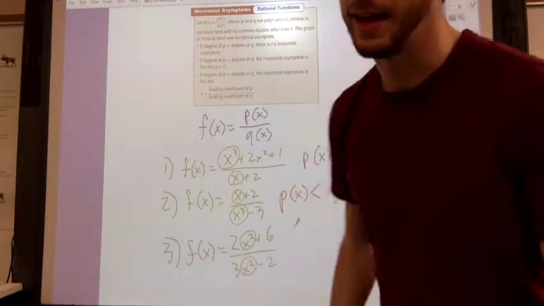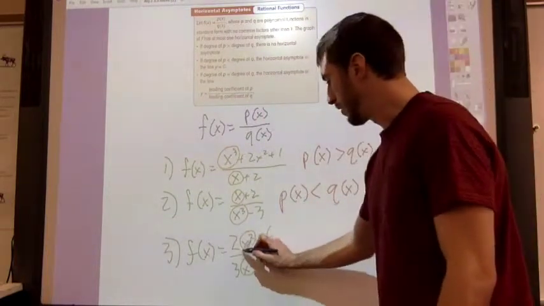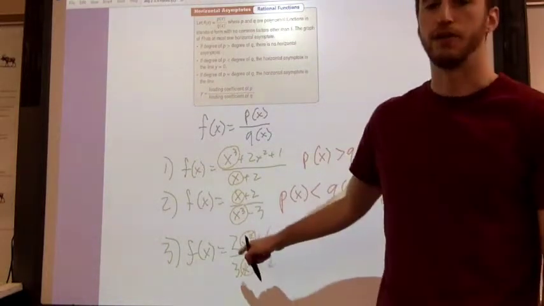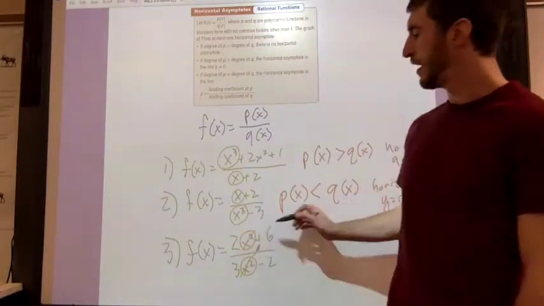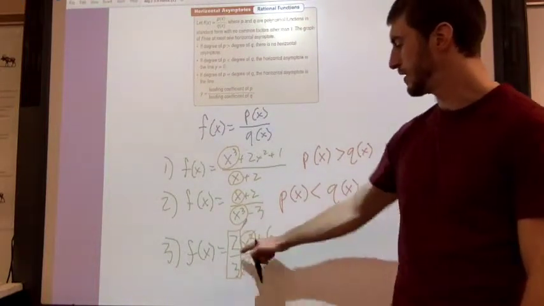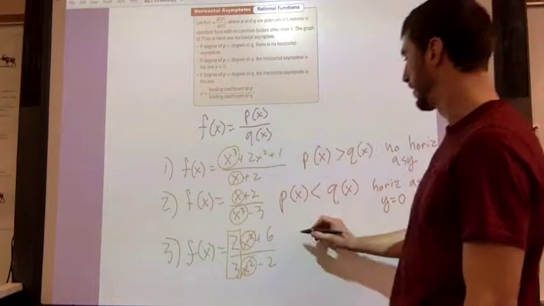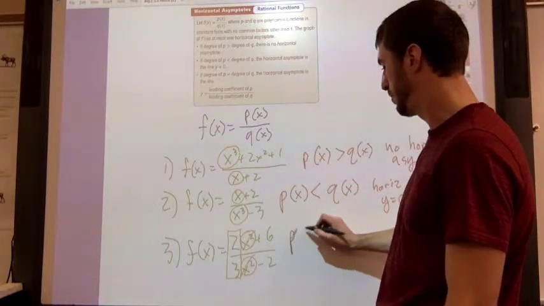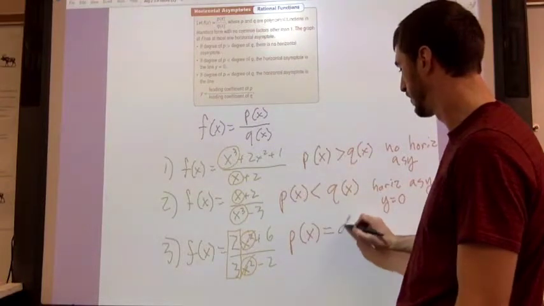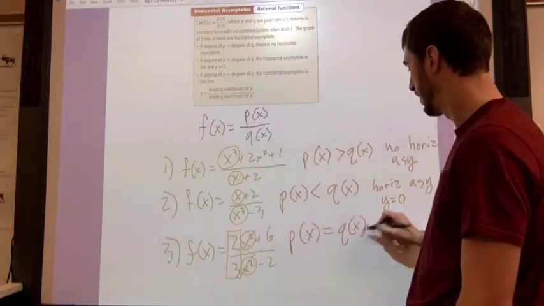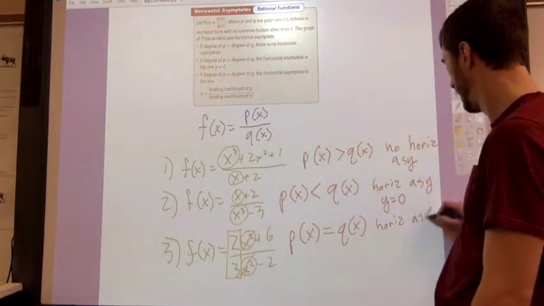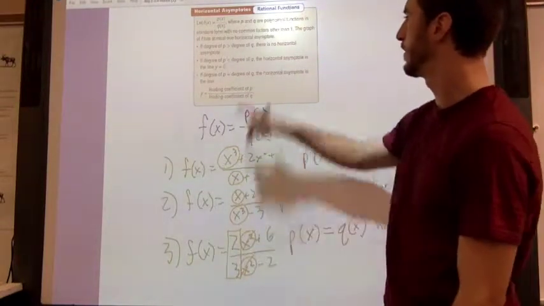So in that case, these greatest powers are going to cancel each other out, and you're going to have a horizontal asymptote at the leading coefficients. So in this case, when p of x is the same power as q of x, your horizontal asymptote, how do they write it up here?